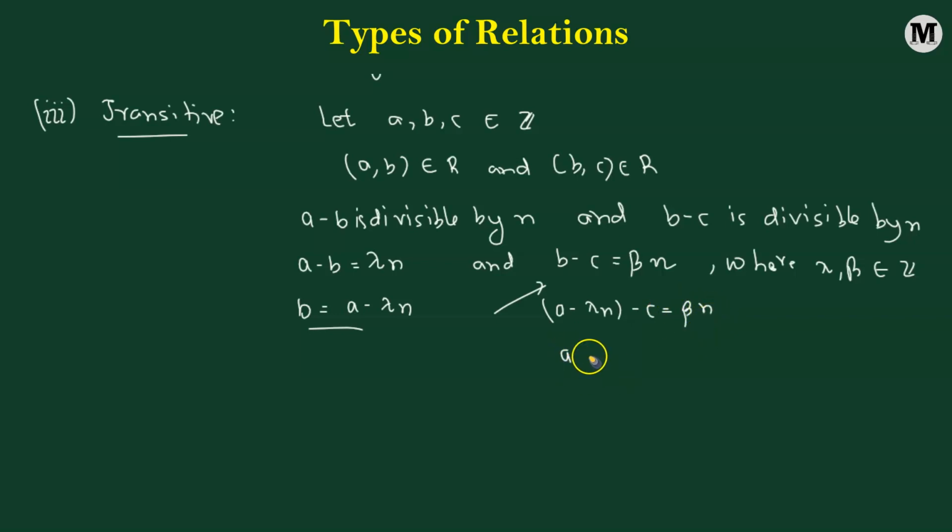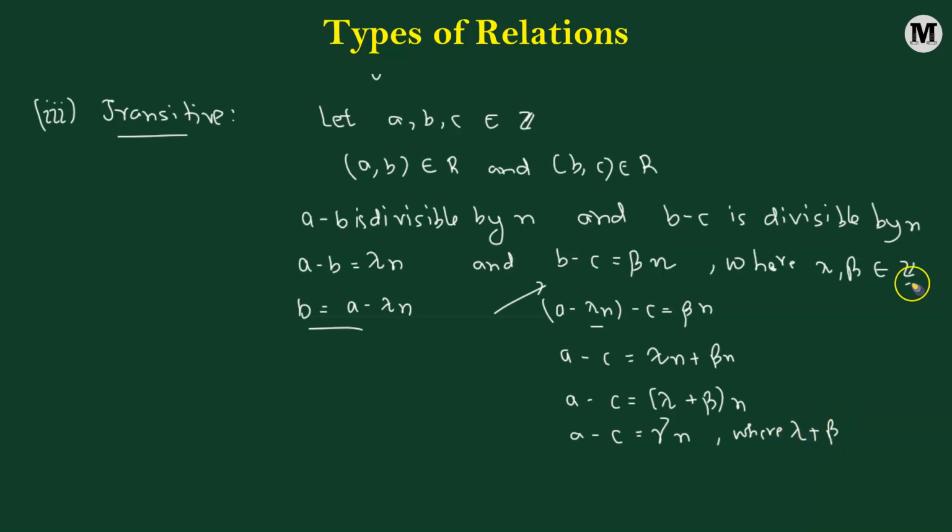So that gives us A minus C equals, so we transpose negative lambda N to the right hand side to get lambda N plus beta N. That's now giving us A minus C equals lambda plus beta multiplied by N. Or we can say A minus C equals gamma times N, where lambda plus beta, since lambda is an integer, beta is also an integer, must be some integer which we are representing with gamma.